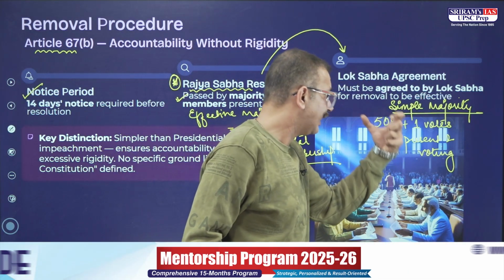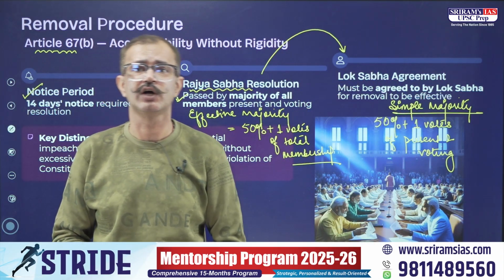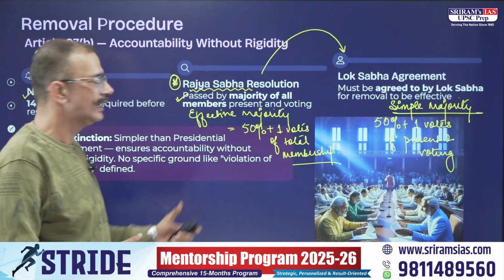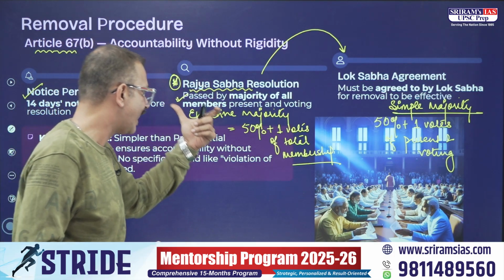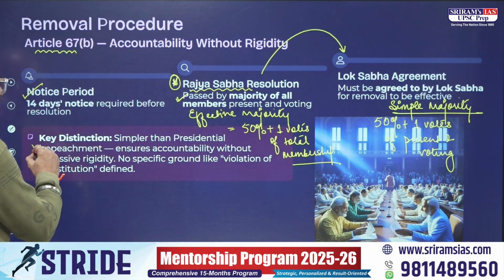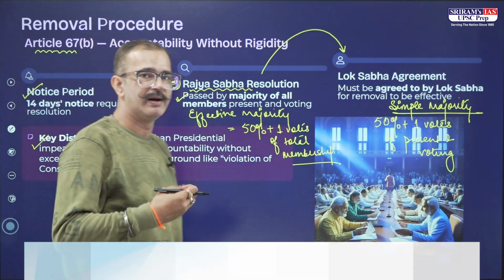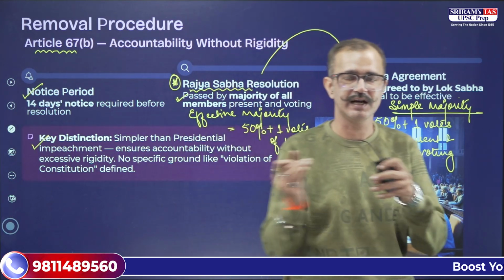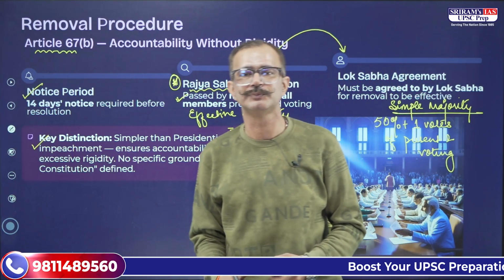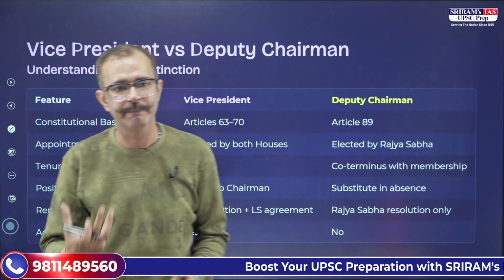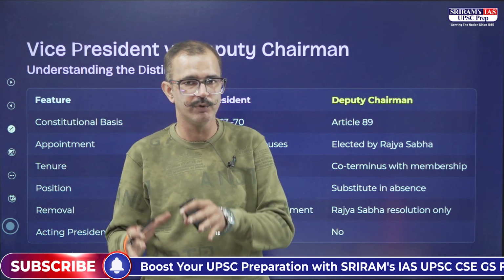So in Rajya Sabha, it has to have an effective majority, and this is a key distinction between the removal of the president by impeachment and the removal of the vice president by a simple resolution or removal process.